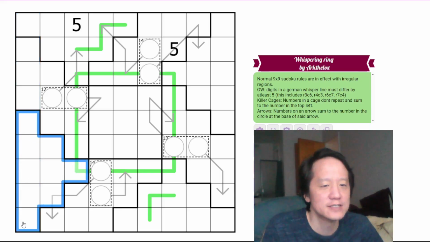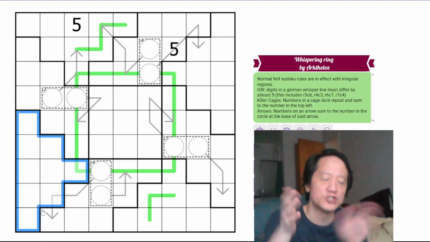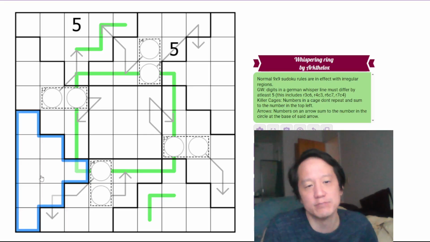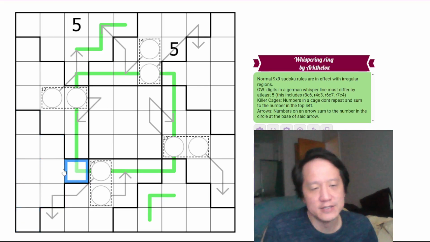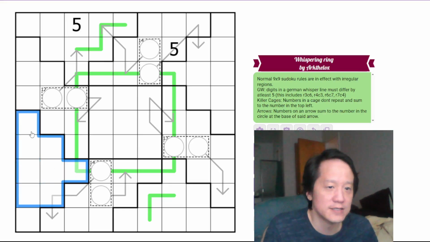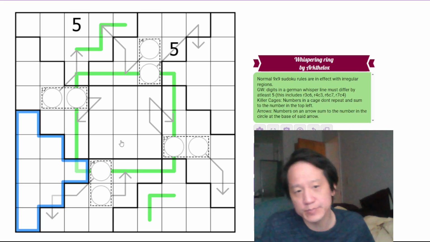And this is a 9-cell region. So I don't have to change the way that I put this because it's basically the same every time, right? This is not a box in this case, and this is a 9-cell region here.